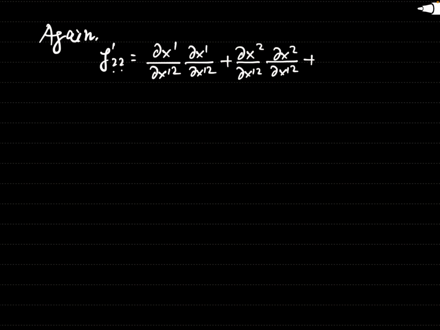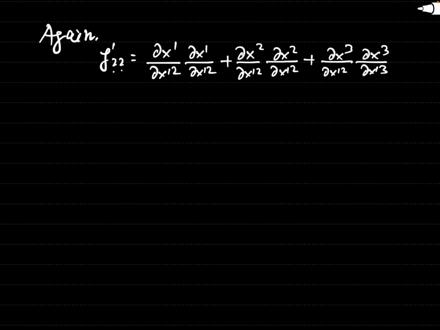And now I equal to 3, so this will be del x3 by del x prime 2 and del x3 by del x prime 2.